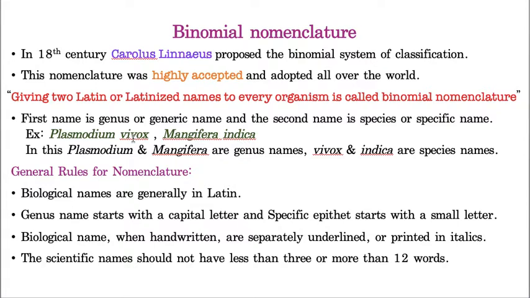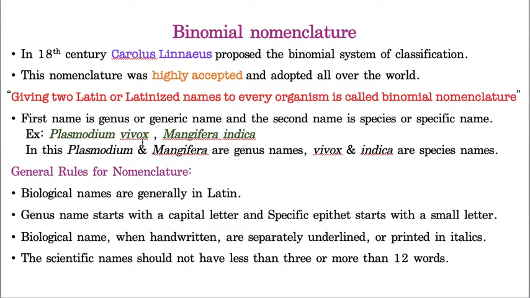Then it causes a disease called malaria. So malaria is caused by Plasmodium vivax, and it is transferred from one human being to another by a vector organism called the female Anopheles mosquito. That malarial parasite we call Plasmodium vivax.